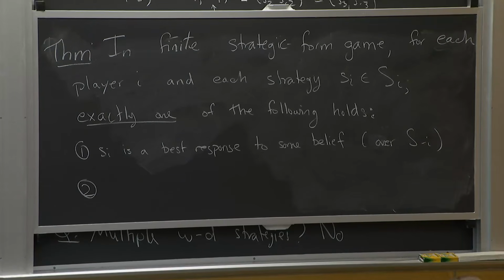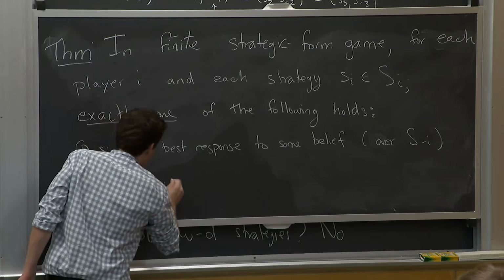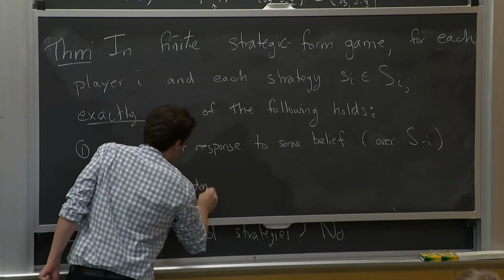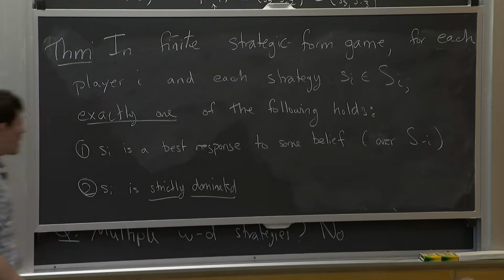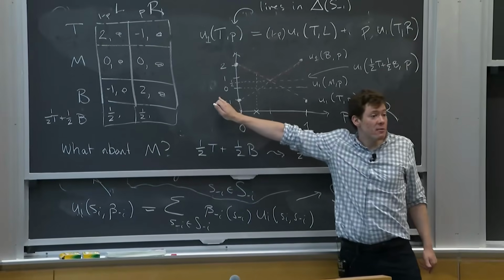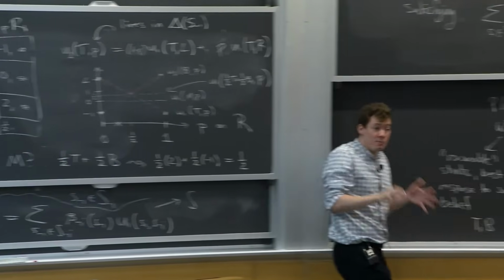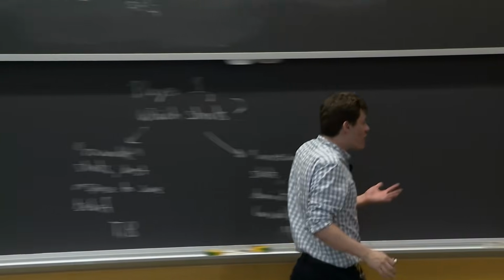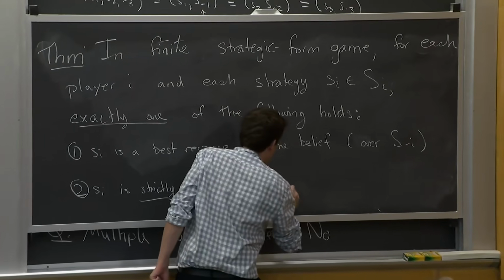And then the other case is s_i is strictly dominated by, well, some mixed strategy. And we have to allow mixed. If we only allowed pure strategies, we already saw up here that the theorem wouldn't be true, because there are strategies that are never best responses, but are not dominated by any pure strategy. So we have to allow for mixed strategies. s_i is strictly dominated by some mixed strategy.